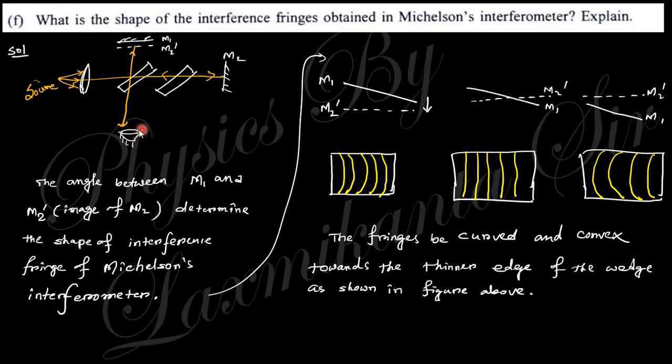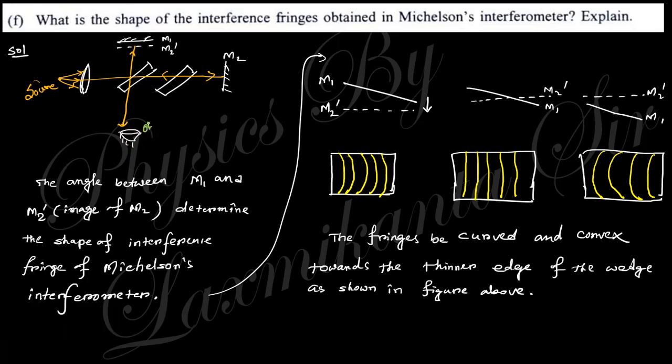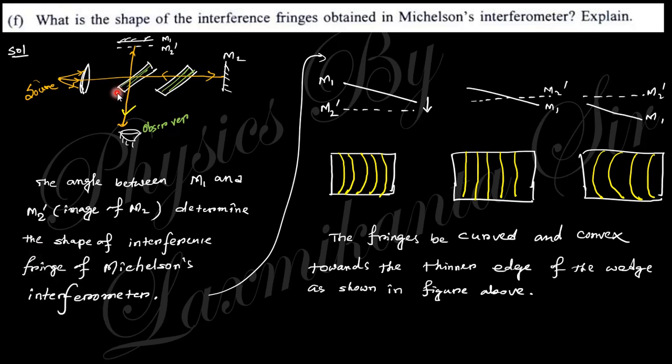This is the observer, and this is a half silver plate: some light is reflected, some transmitted. These two beams become superimposed. There is a slight path difference, and this results in the interference pattern.